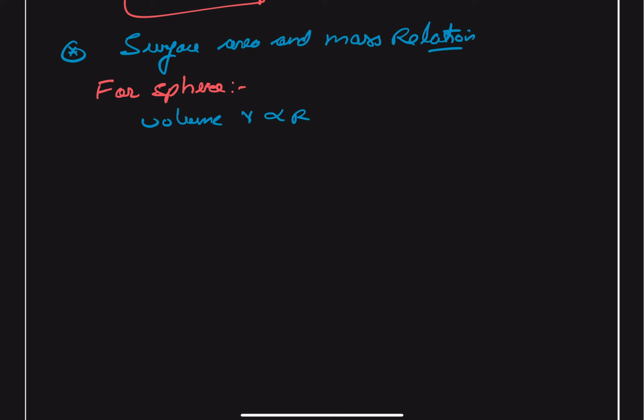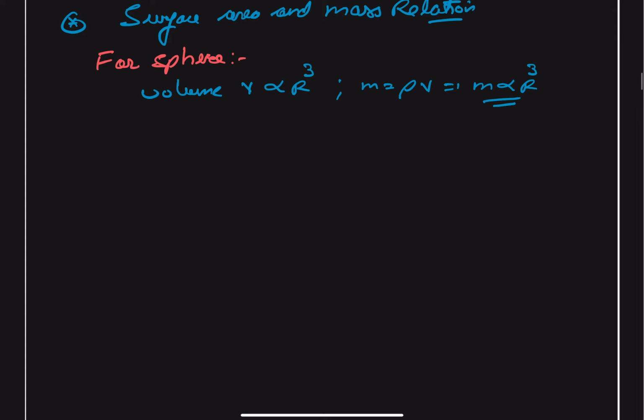Mass, we know, is density multiplied by volume, so the mass is also directly proportional to radius cube. Now the surface area A is directly proportional to R square.